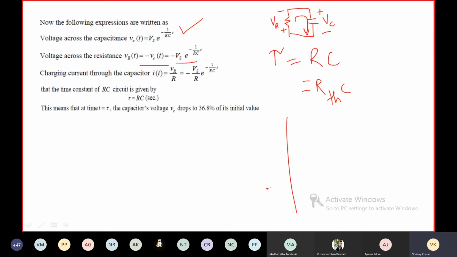We are going to have the voltage waveform. Voltage is equal to Vs e power minus t by RC.